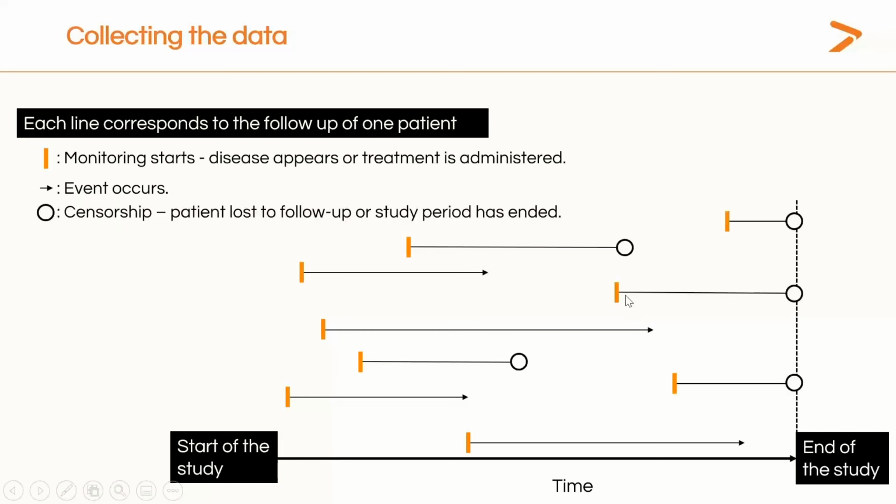For some other patients, we have censorship to the right. The patient was lost to follow-up before the study period ended. So for these patients here, we lost follow-up. We know that they survived until a certain time, but then we don't know what happened after. And other patients did not undergo the event by the end of the study. So these are all censored patients.